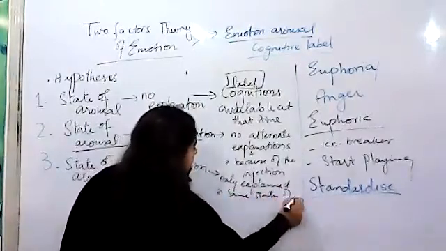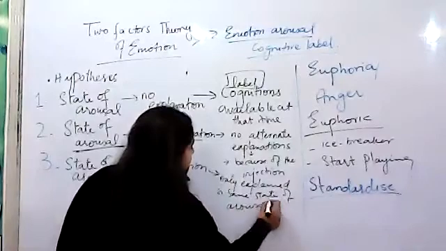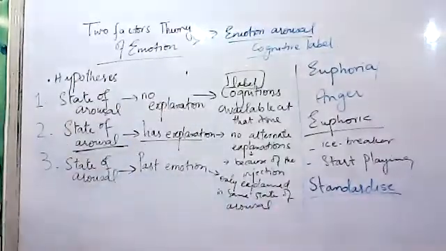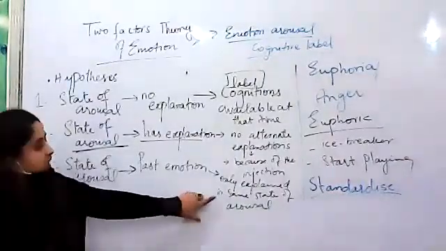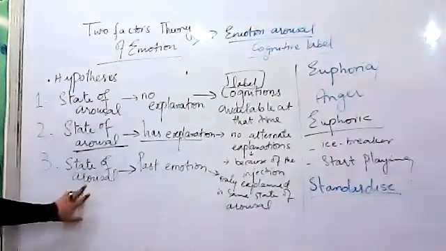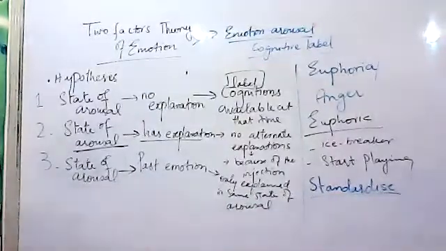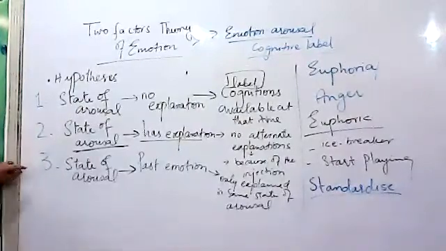What does it mean? It means that if you have experienced something previously and you feel exactly the same, then you will explain it as per the previous explanation or the previous cognitive label you have in your mind. I hope these hypotheses are clear to you.